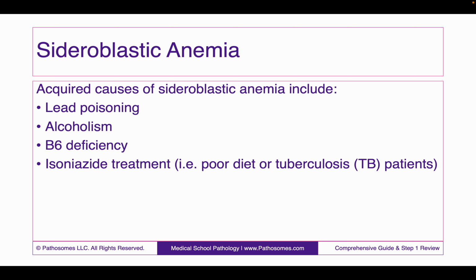The house was painted in the 50s or something like that. Or they're getting toys from a country with somewhat not high level practices on how the toys are manufactured. Like there's lead on the toys, right? Lead poisoning. Other causes of sideroblastic anemia include alcoholism, even B6 deficiency can do it, as well as isoniazid treatment, like in patients that have tuberculosis.